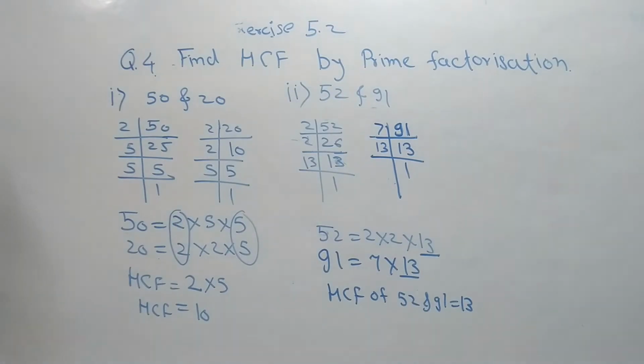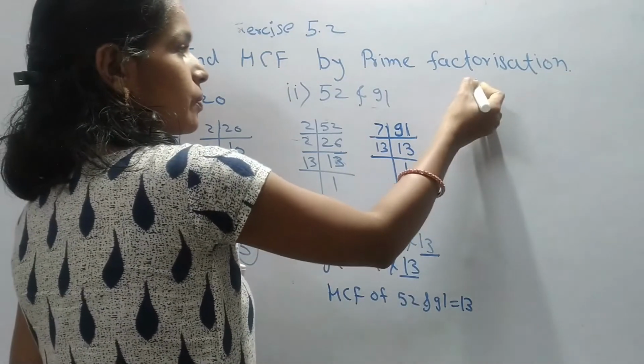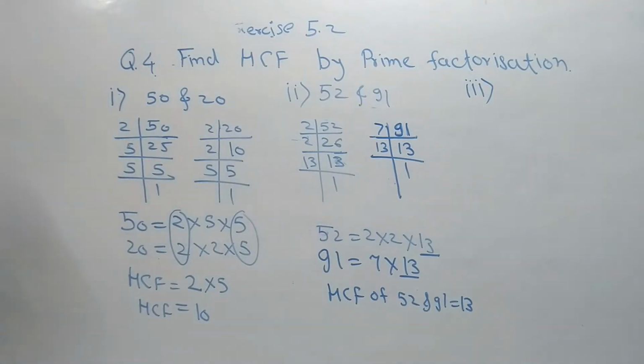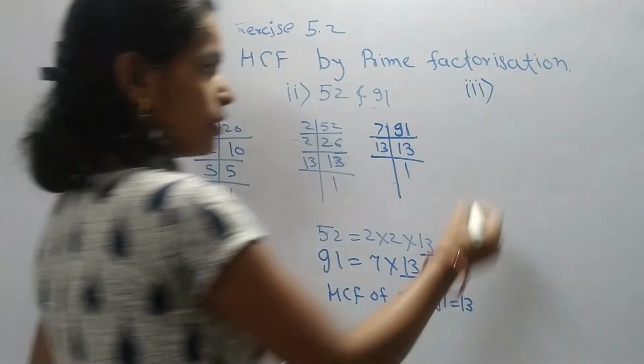Got it? The last example we will see now. In this example, the numbers given to you are 25, 125 and 75.